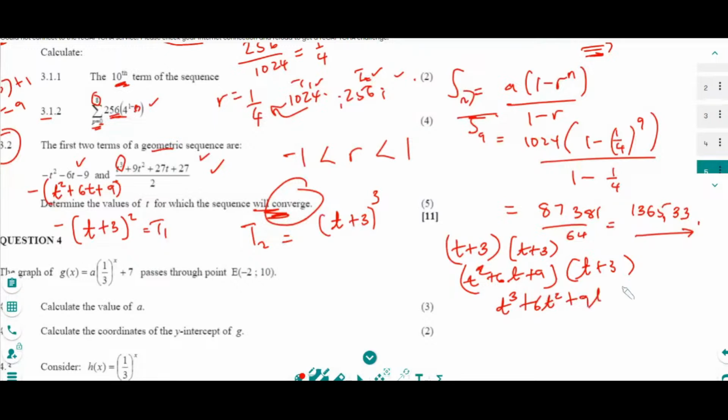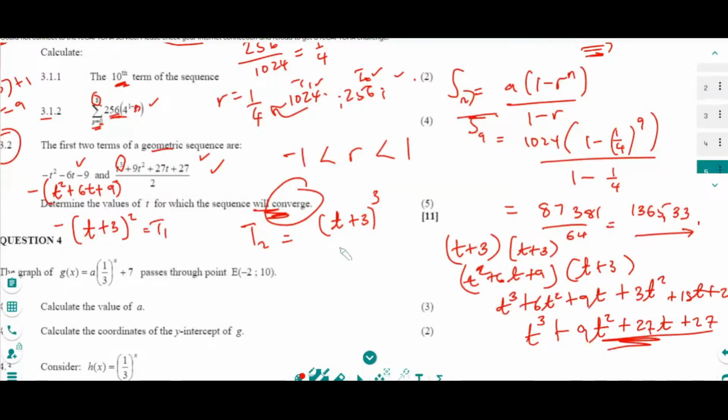I multiply that, I'll have my 3t squared, my 18t, the 27. Collecting the like terms, t cubed plus that and that is 9t squared. This and this gives me the 27t plus my 27. There I go. So I'll just express it as this.